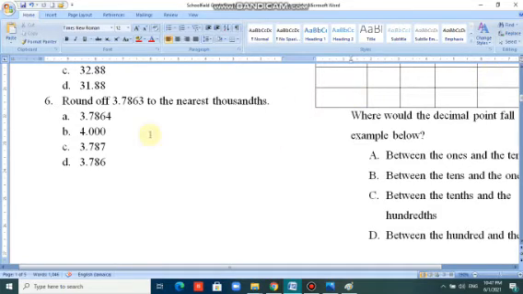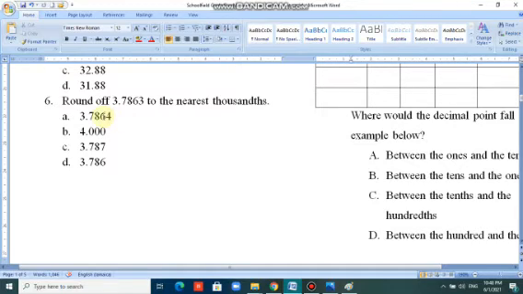Thousandths. Now, when you look at A, it's going to be A because you have 7 tenths, that's tenths, 7 tenths, 8 hundredths, 6 thousandths, right? 400 thousandths, all right? So the 4 is less than 5, so you round down.